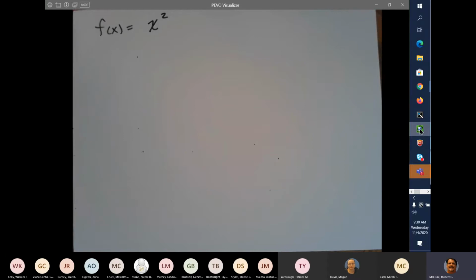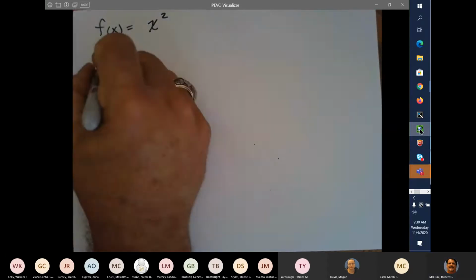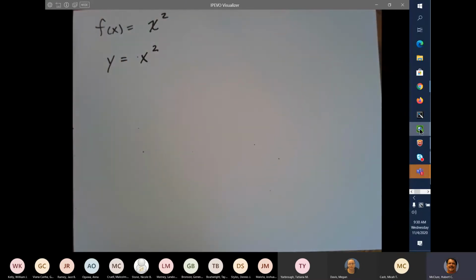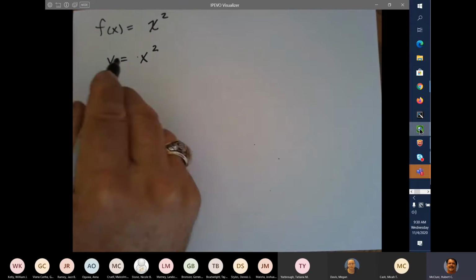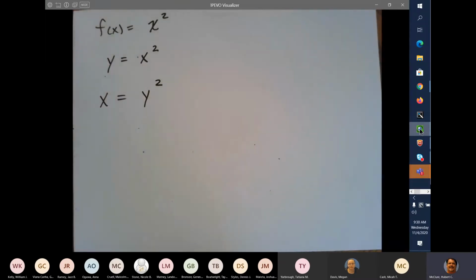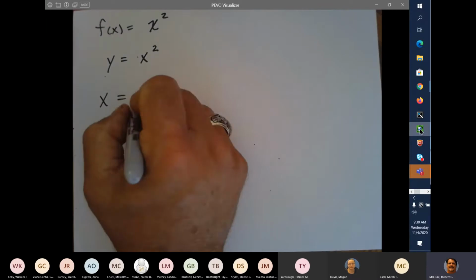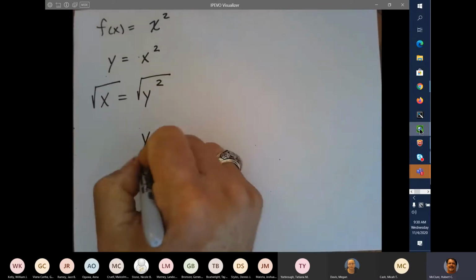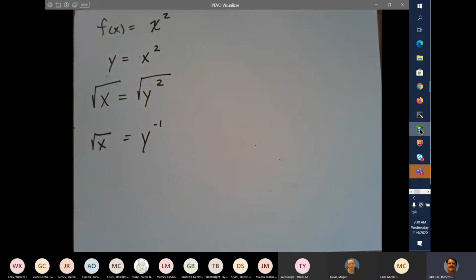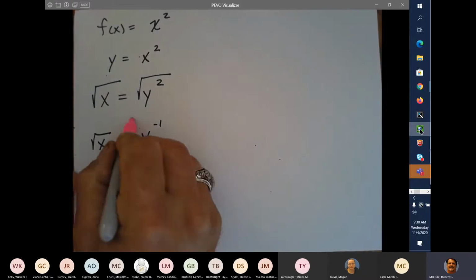So the first thing I'm going to do is I'm going to rewrite it. The second thing I'm going to do is I'm going to switch the x and the y. Third thing I'm going to do is I'm going to solve for y and call it y inverse. And that right there is my inverse function.